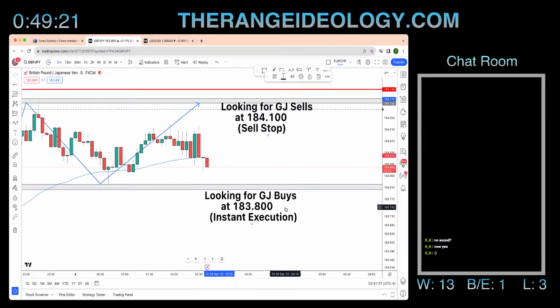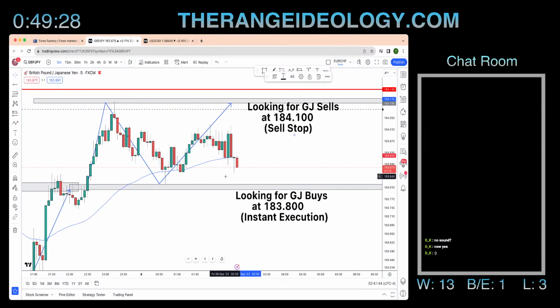So if price is close to our entry and London opening is just in a minute or two, we need to take action. So let us be patient, but at the same time, be proactive, as we know that there's 18 minutes left for the London opening.